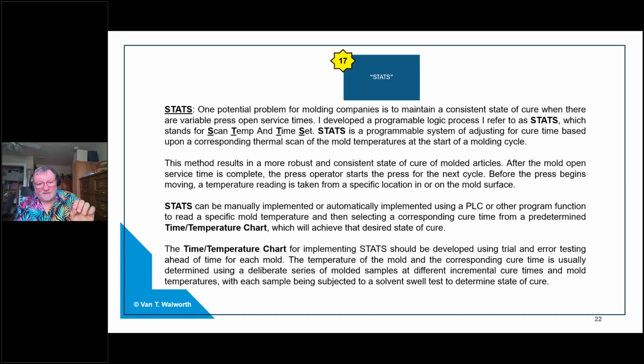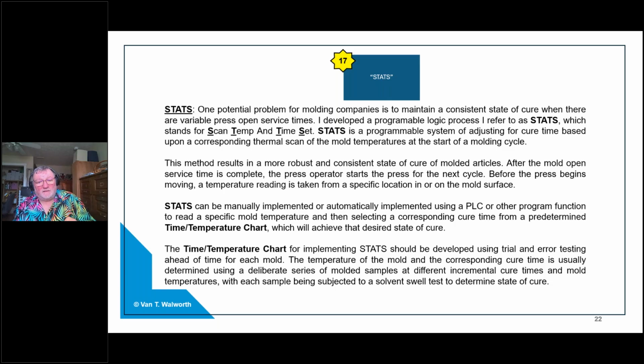If my press open time is too long, then when I check the temperature of that spot right before I close the press, if it's a little bit lower, maybe 3 degrees lower, I know that to achieve the same state of cure, I need a slightly longer cure time.